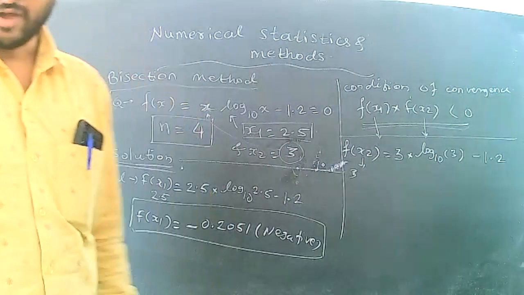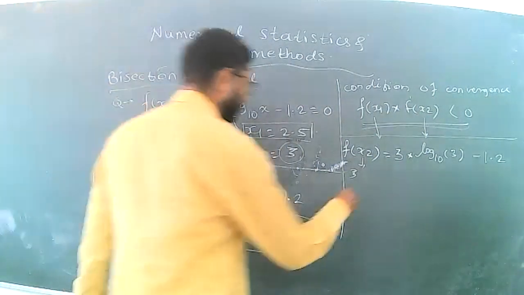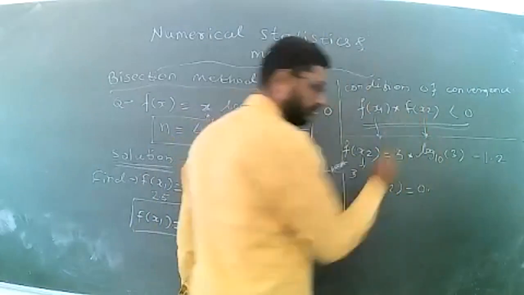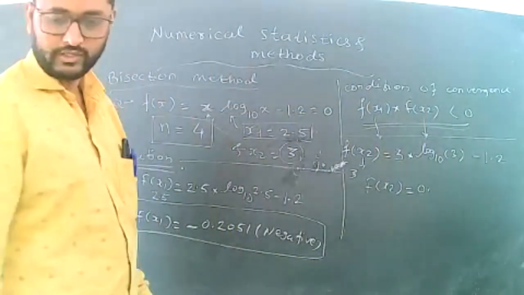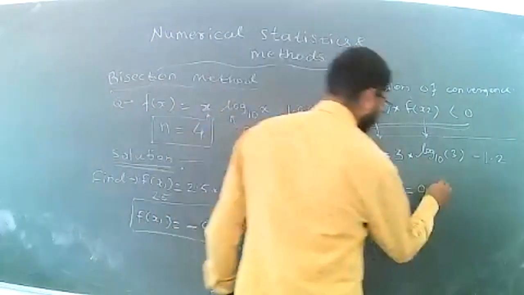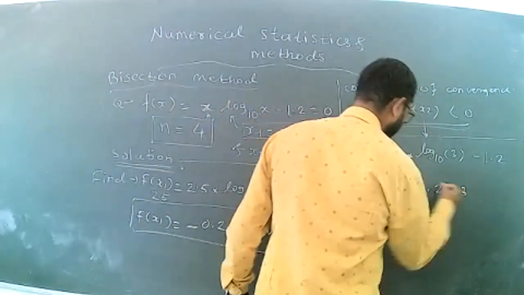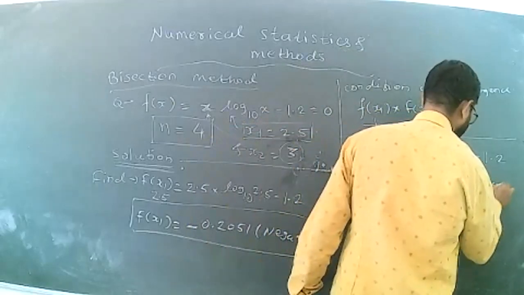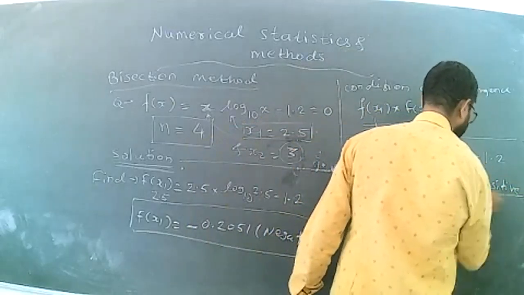By calculation, f of x2 is positive, 0.2313.